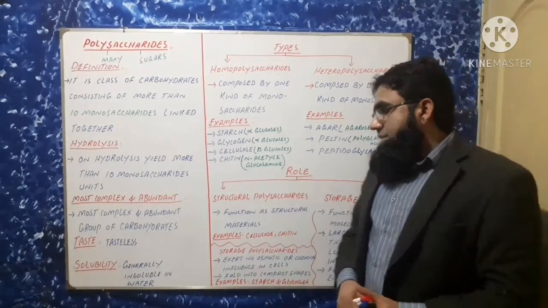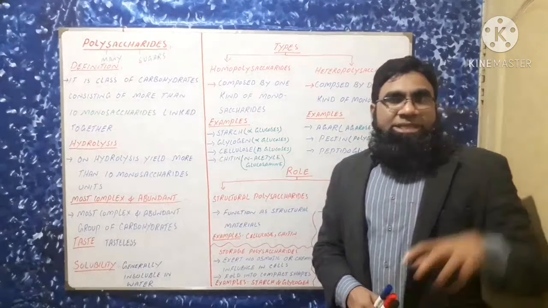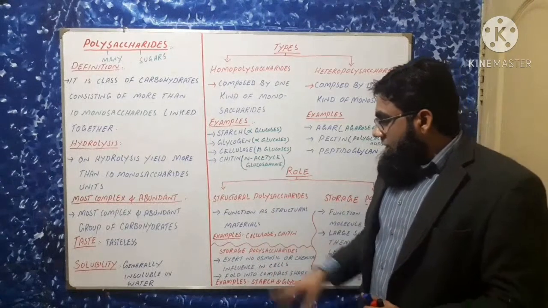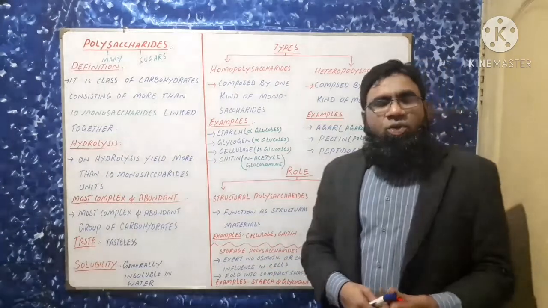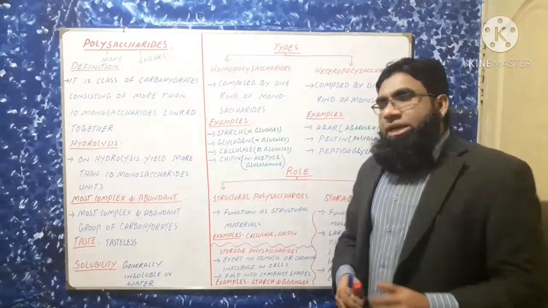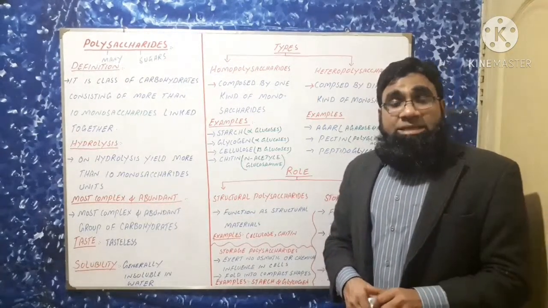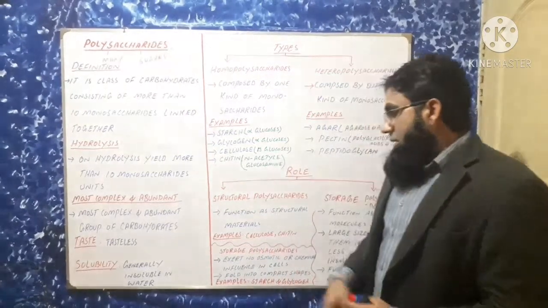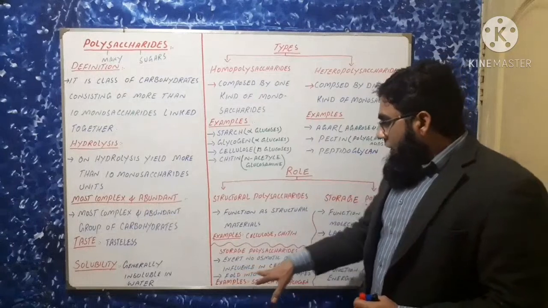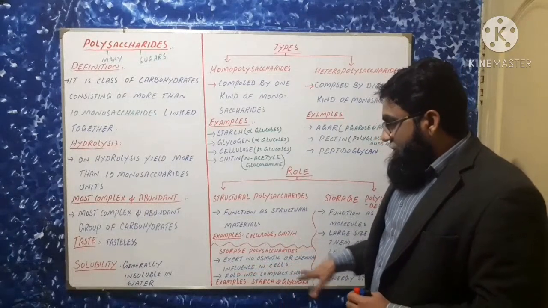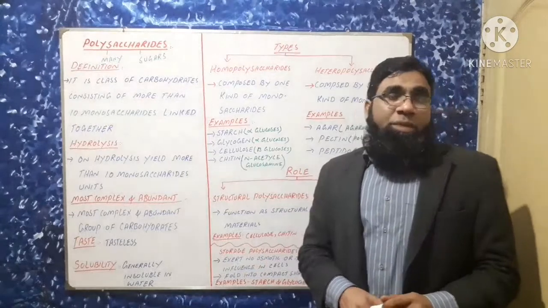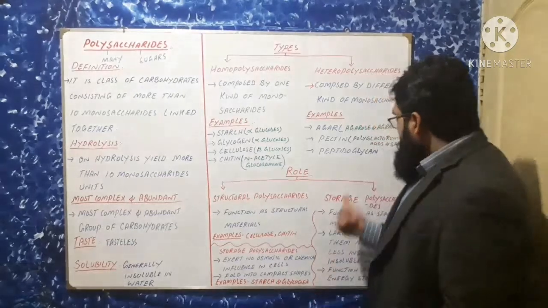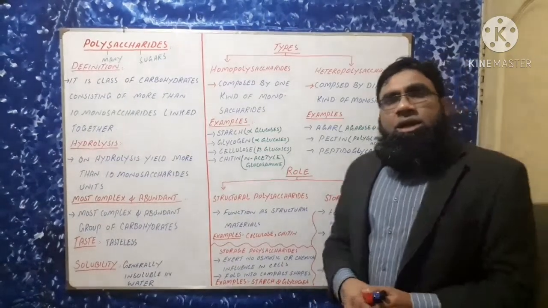Storage polysaccharides are present inside the cell, and they exert no osmotic or chemical influence in the cell, because they are present in an inert, storage form inside the cell, and they fold into compact shapes, so we can say that they act as storage polysaccharides.